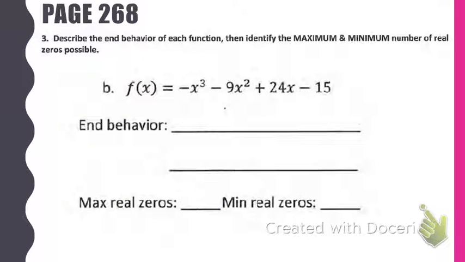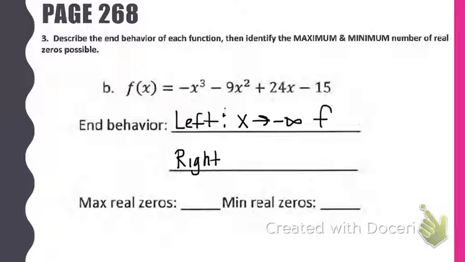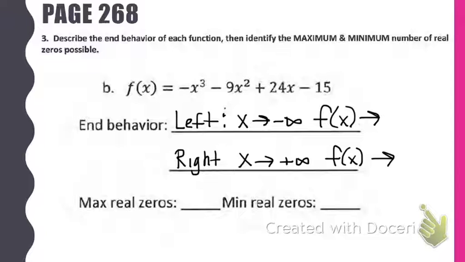So I want you to take a moment. Let's first sketch out our end behavior. I'm going to write it. I like to write it out first. So the left side and the right. We have x approaches negative infinity, f of x, and then we put our little arrow. We'll fill that in a second. x approaches positive infinity, f of x approaches.